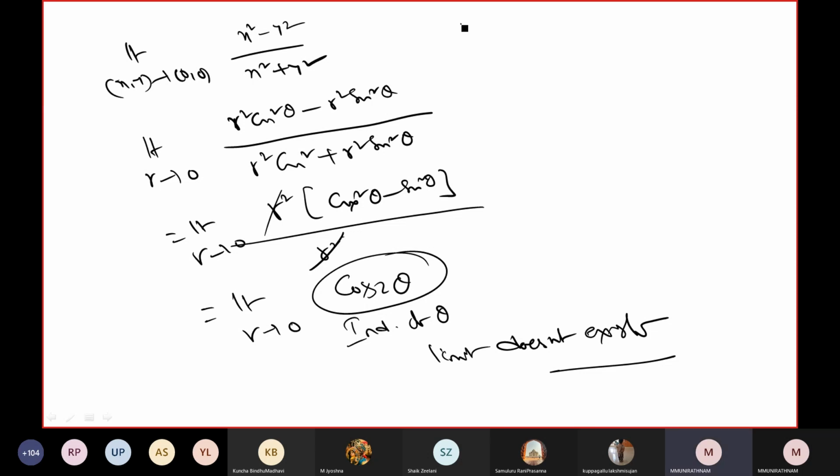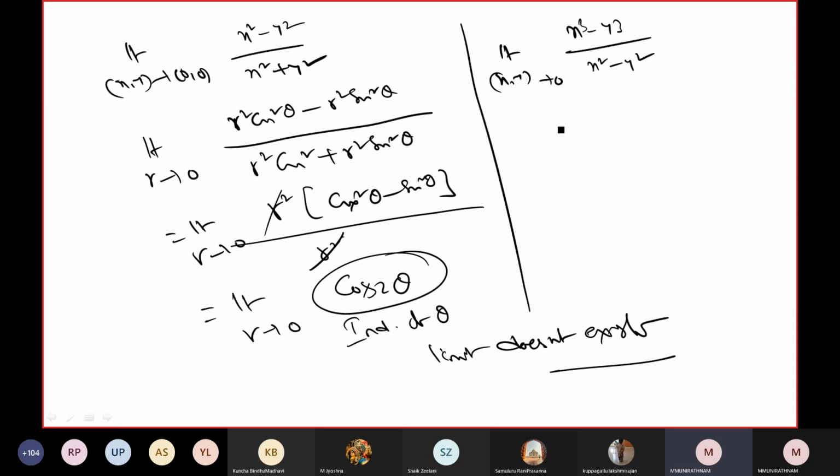Can you say in the same manner what we have done previously? x cube minus y cube by x square minus y square. If we do this problem, what happens? r cube cos cube theta minus r cube sin cube theta by r square cos square theta minus r square sin square theta.